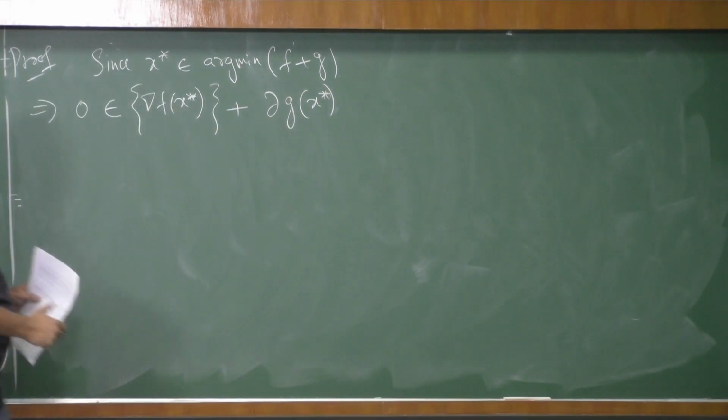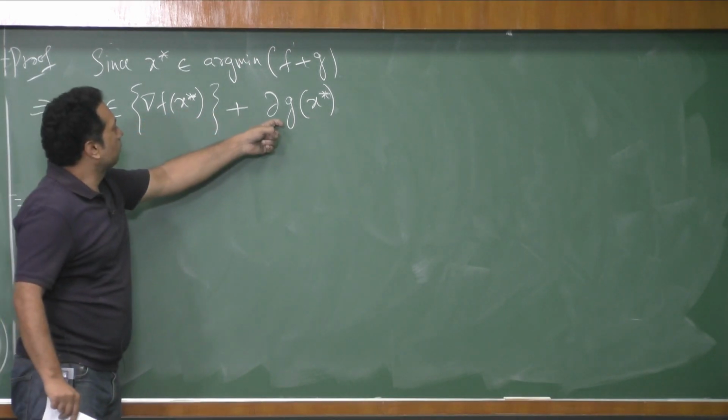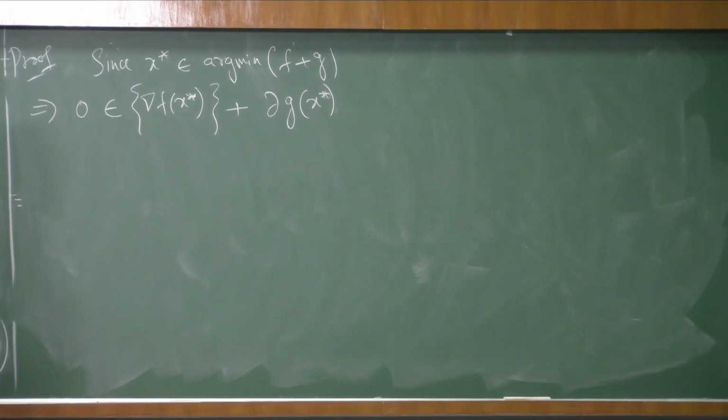If x star is the minimizer, then we must achieve a zero gradient vector; although there may be many subgradients because of g, 0 must be one of them. This is Fermat's theorem.